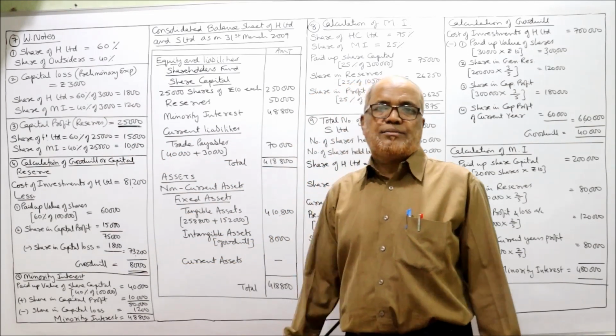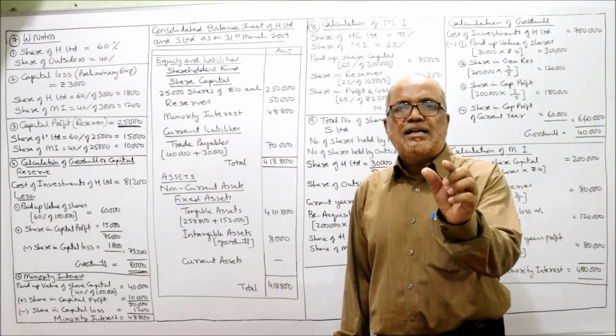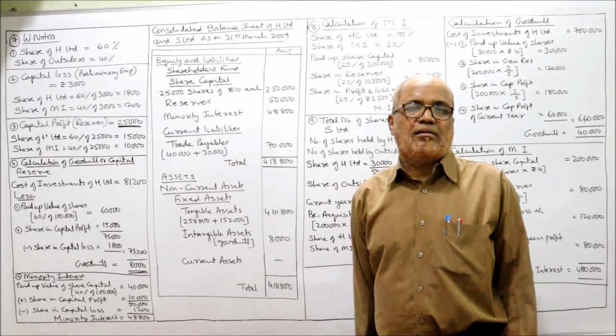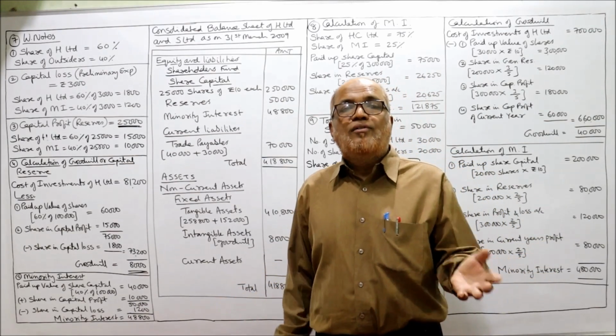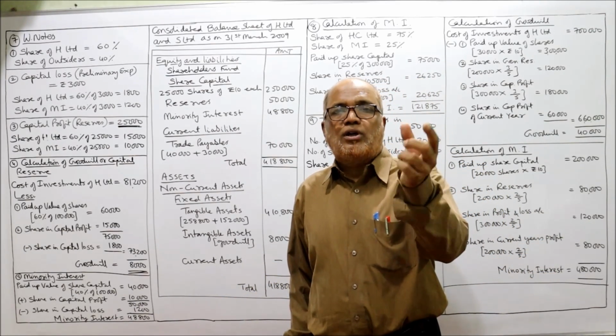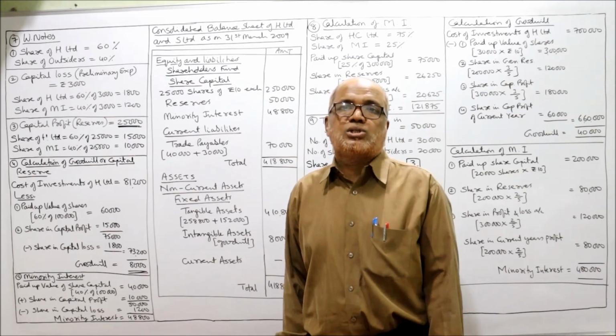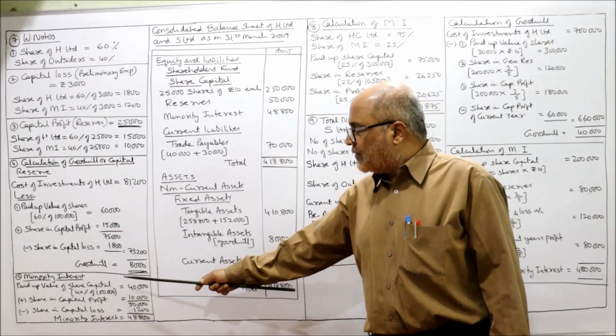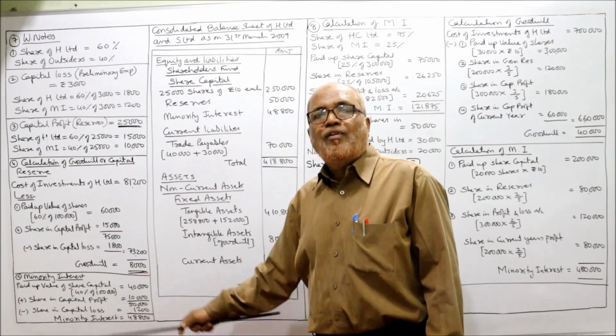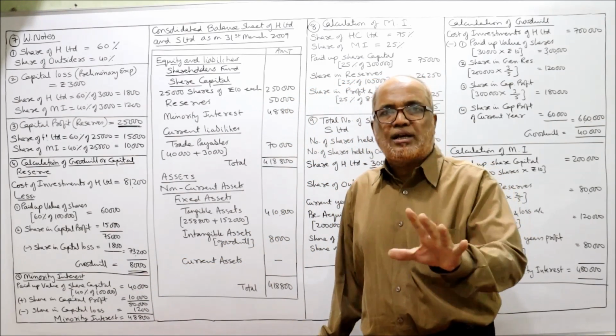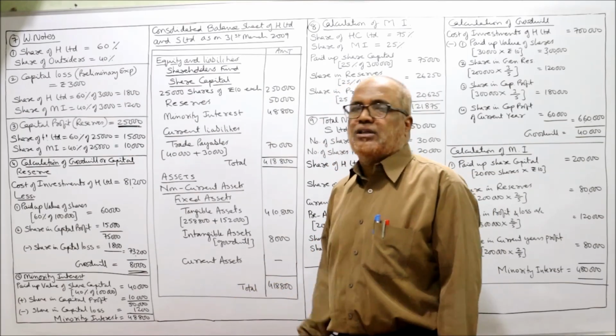Now minority interest. 40% stake is of outsider. So 40% of what? 40% of share capital, 40% of capital profit, 40% of capital loss. First we'll take paid up share capital. So 40% of 1 lakh, total share capital 1 lakh, 40% comes to 40,000.